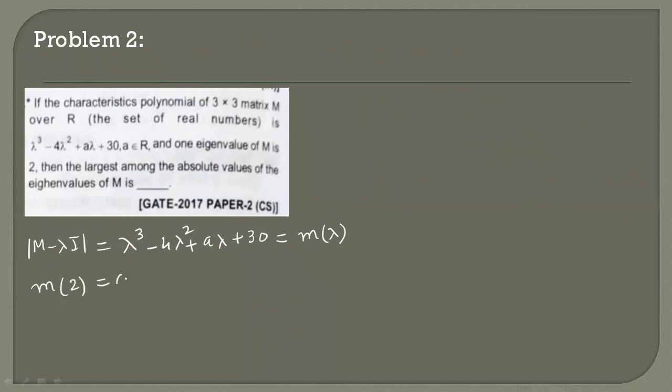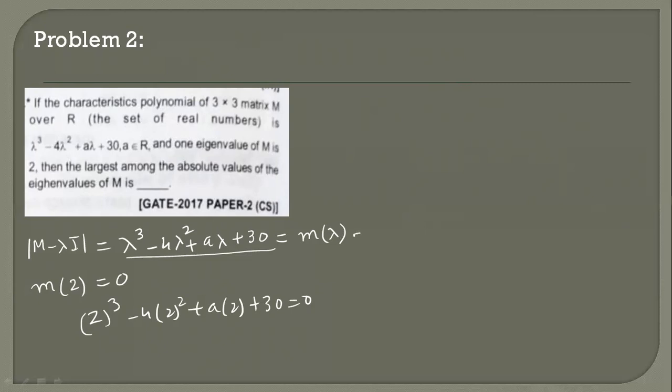It means m(2) will be 0. 2 will satisfy the equation form of this characteristic polynomial. It means 2 cube minus 4 into 2 square plus a into 2 plus 30 equal to 0, because 2 is a root of this characteristic equation. If we write in the form of equation, you can see that a will be minus 11.